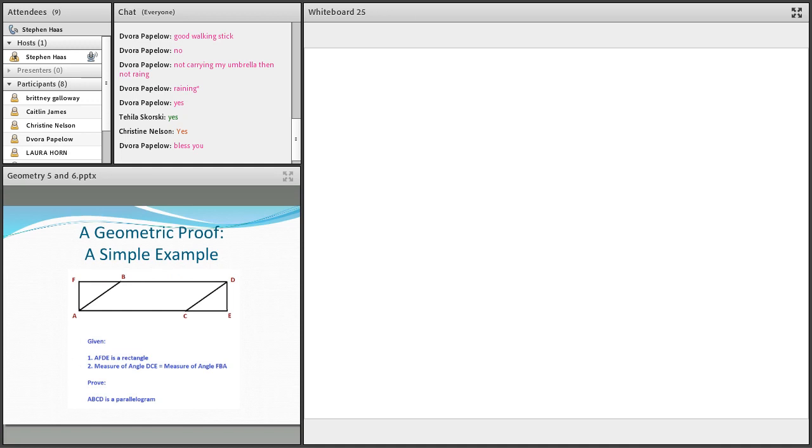Okay, let's take a look at this example over here, and we are going to prove this together. Okay, I am going to make a little chart over here, and we're going to prove together.